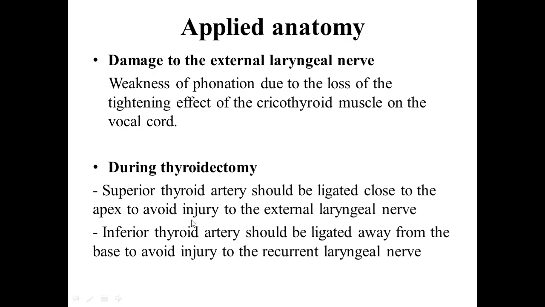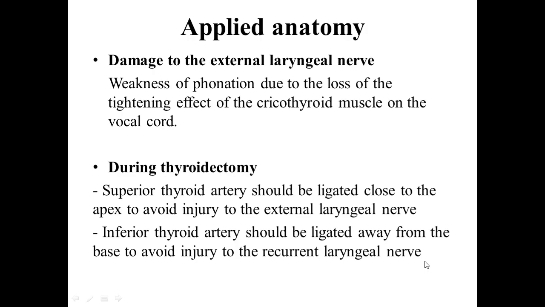And lastly, during thyroidectomy, the superior thyroid artery should be ligated close to the gland, close to the apex of the gland to avoid injury to the external laryngeal nerve. And inferior thyroid artery should be ligated away from the gland to avoid injury to the recurrent laryngeal nerve.